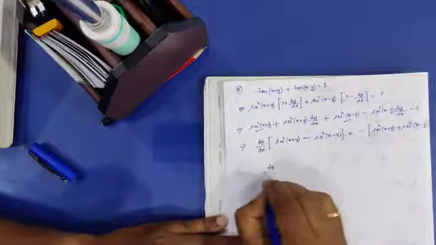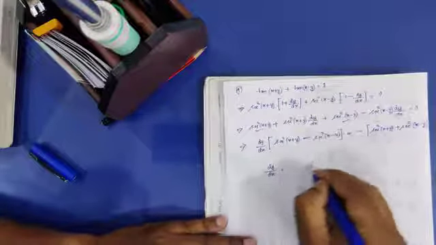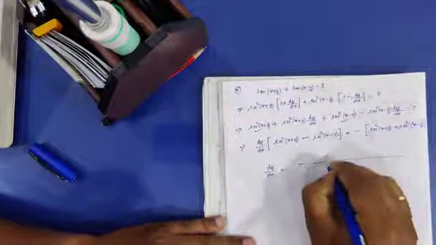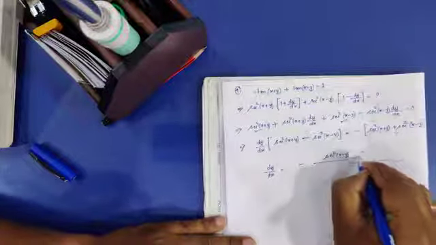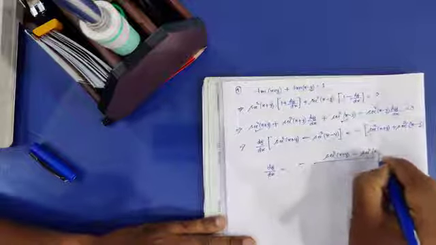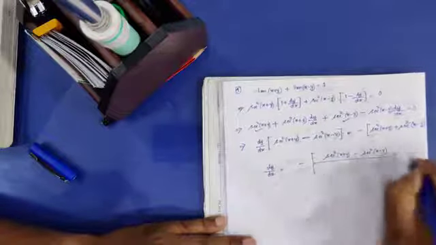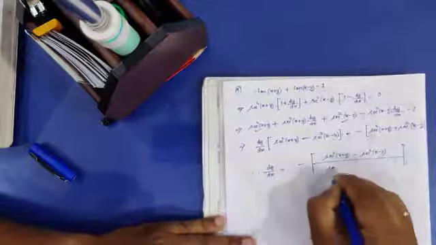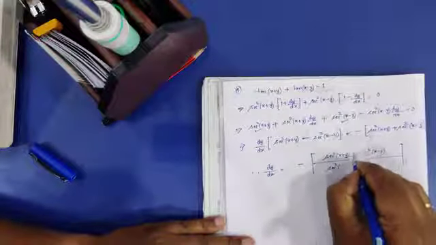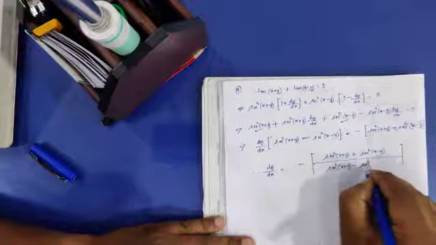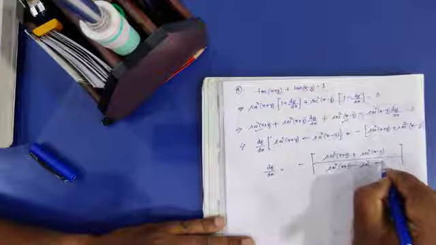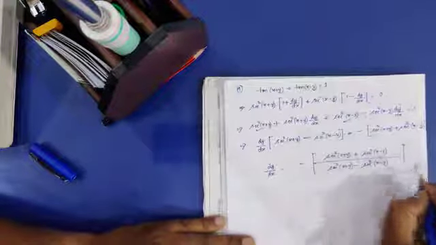Therefore dy by dx is equal to minus (sec square of x plus y minus sec square of x minus y) divided by (sec square of x plus y minus sec square of x minus y). Thank you.